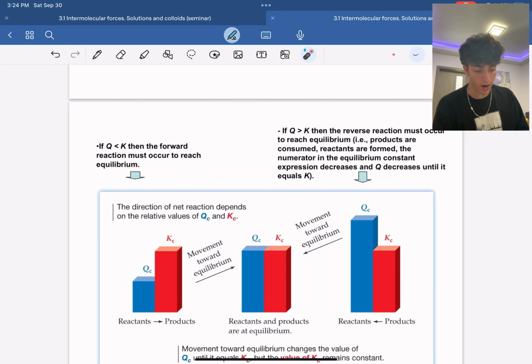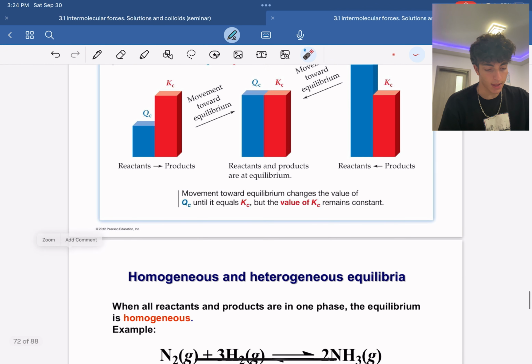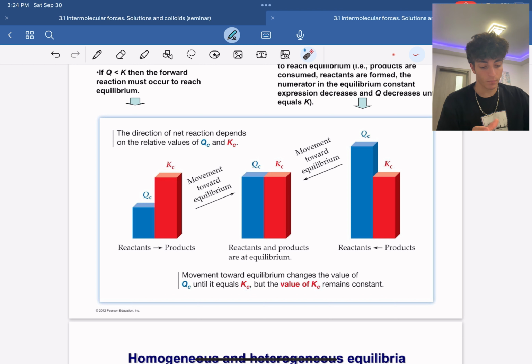Products are consumed, reactants are formed, so the numerator of the equilibrium constant expression decreases and Q decreases until it equals K. I hope you guys understand that. Again, if the products are higher than the reactants, that means we have to go toward the products.